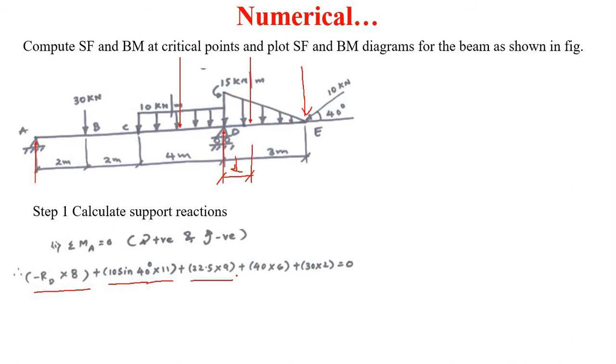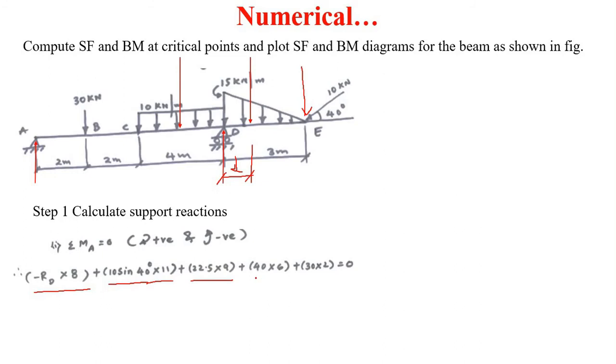Okay, 22.5 into 9. After that, this 40 kilonewton load will also try to rotate in the clockwise direction, generating a clockwise moment.